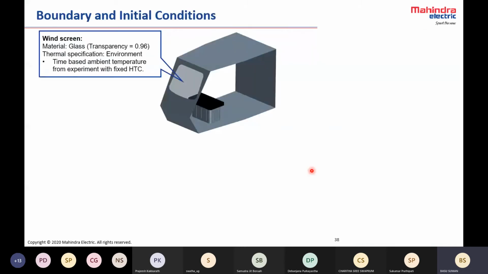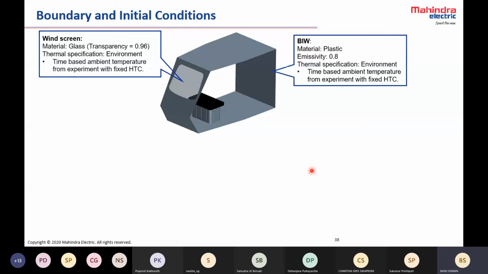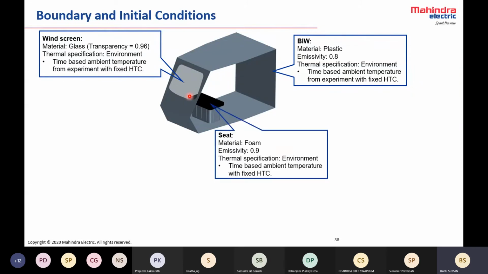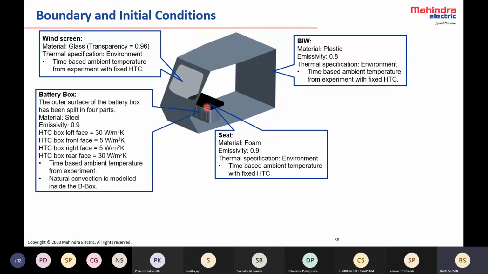So this is our three-wheeler. This is our battery box. We have a windscreen from which radiation can come, and then from the two sides, of course, the radiation can come. There is a seat. We considered what will be the resistance provided by the foam, and what will be the total thermal mass of the battery box.